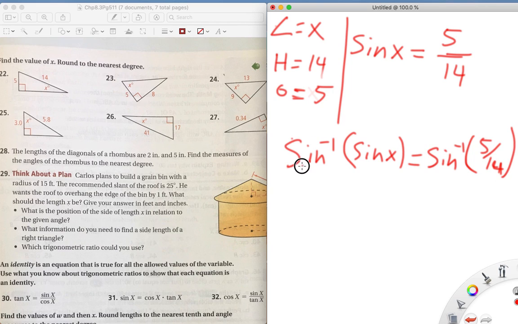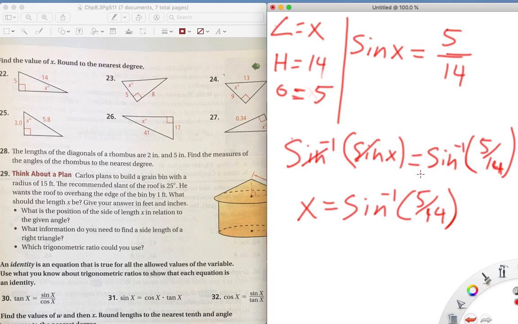The reason why I'm doing it this way is just to show that the inverses of sine and sine cancel each other out, and then it leaves me just with x. So x would be equal to the inverse of sine 5 over 14. If you, in your problems, just want to go straight to this part, that's fine. This part is just to show you guys where it came from.